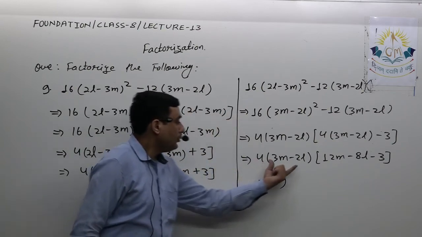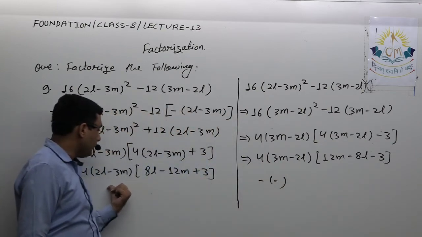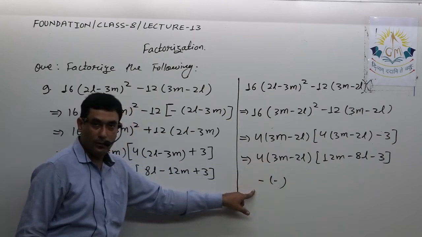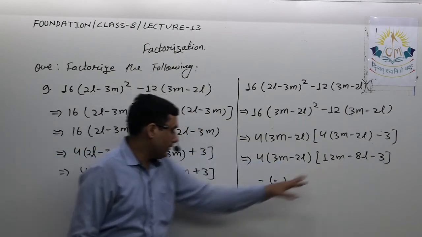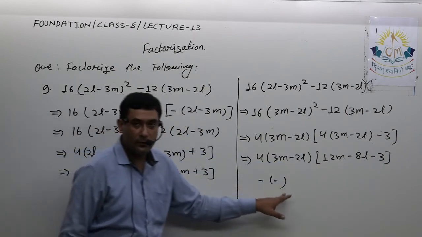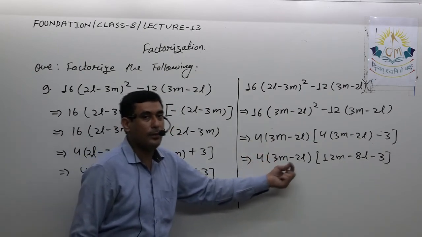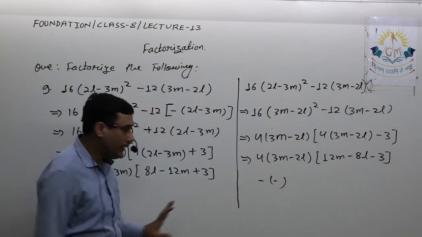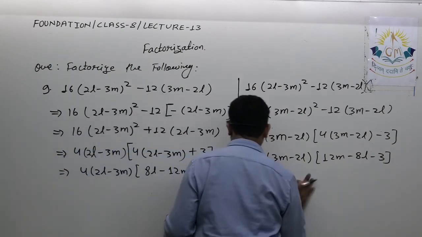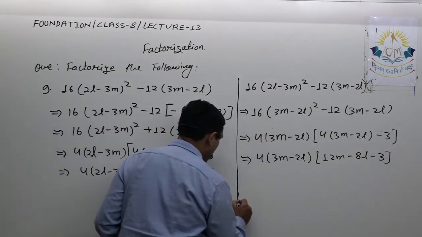To make this similar to this, I will take one minus sign common, and to make this similar to this, again I have to take a minus sign common. Those two minus signs, minus multiplied by minus, ultimately become plus, and in that case you will find these two expressions are exactly the same.